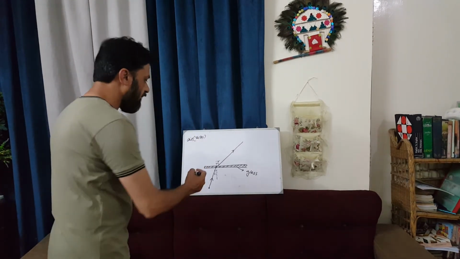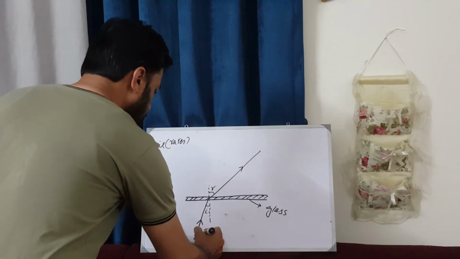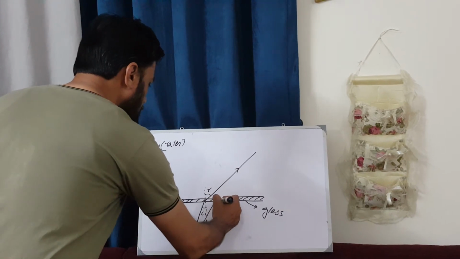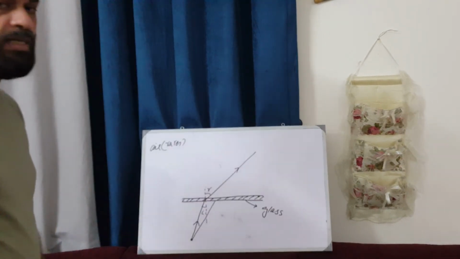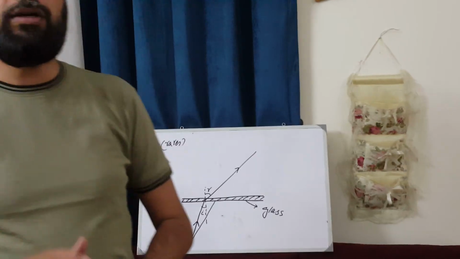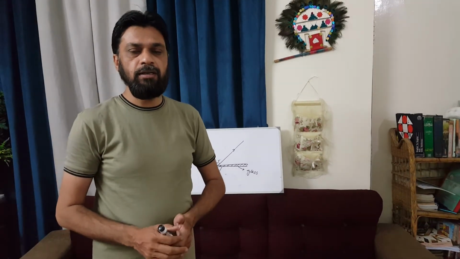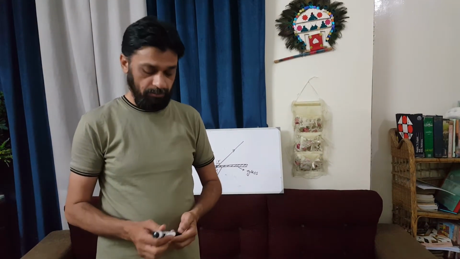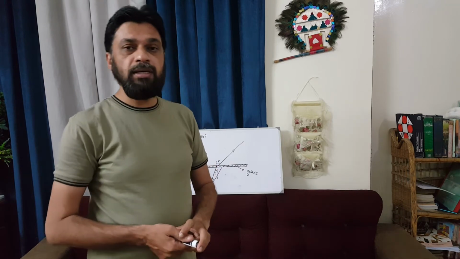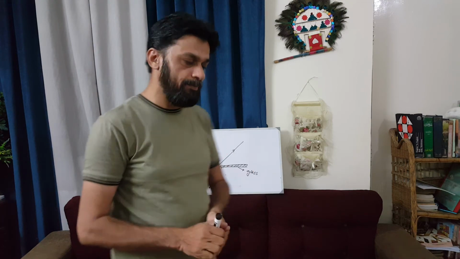If we increase the angle of incidence, angle of refraction also increases. And at a particular value of angle of incidence, the angle of refraction becomes 90. At a particular angle of incidence, the angle of refraction becomes 90, and now this angle of incidence is also known as critical angle.